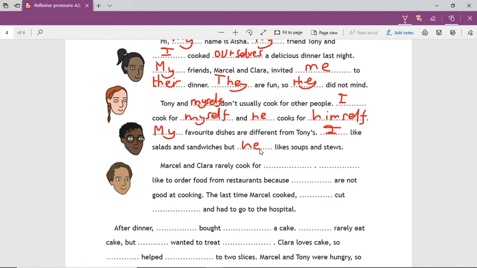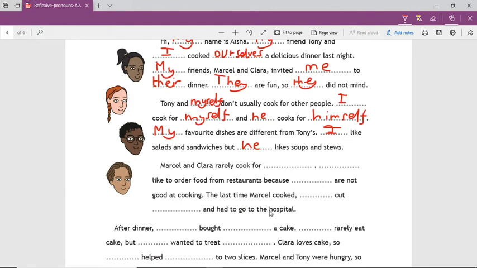Next up, Marcel and Clara rarely cook for blank. Blank like to order food from restaurants because blank are not good at cooking. The last time Marcel cooked, blank cut blank and had to go to hospital.